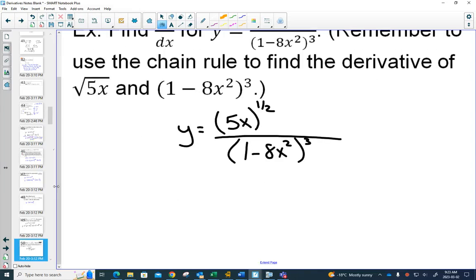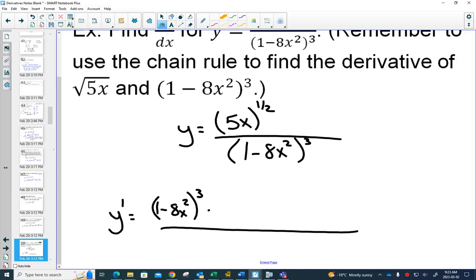We have a quotient rule with two chain rules inside. Okay? So we start with our quotient rule steps. Which one do we keep the same? Top or the bottom? Keep the bottom the same, (1 minus 8x squared) cubed, multiplied by the derivative of the top.